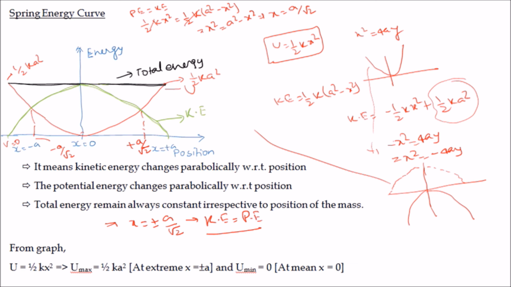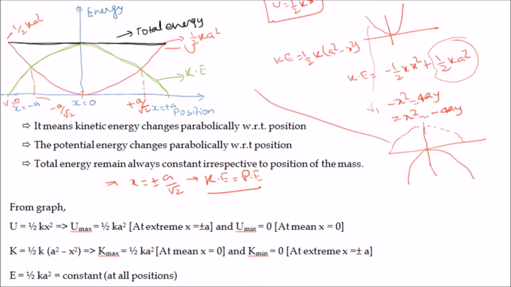From the graph we get that the potential energy is equal to half k x square, and U max, the maximum potential energy, is observed at x is equal to plus minus a, which is at the extreme point, and the value is equal to half k A square, and the minimum potential energy is observed at the mean position, that is x is equal to 0.